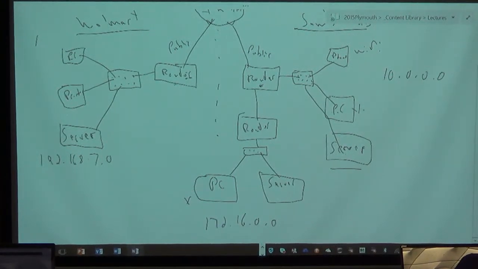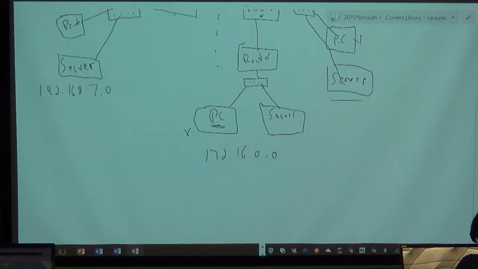It's going to create a packet that it wants to send to this PC down here. That packet is going to have two things. Let's say, first of all, that this PC's IP address is 172.16.4.3. It meets the criteria, 172.16.0.0, so it's on that network. It has a subnet mask of 255.255.0.0, and it's going to have a gateway out there.